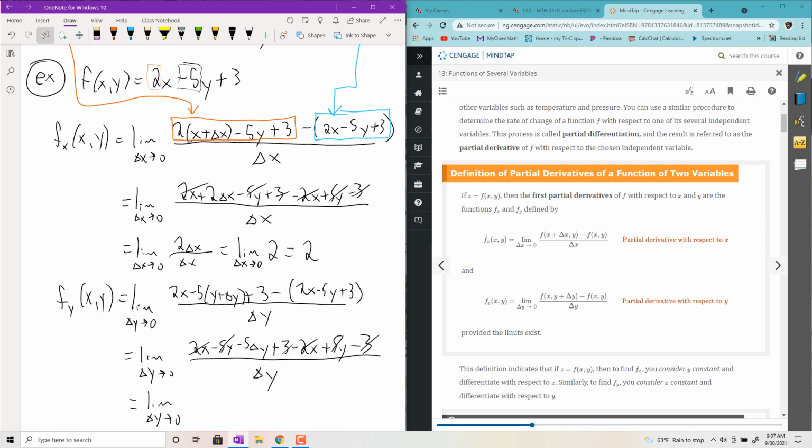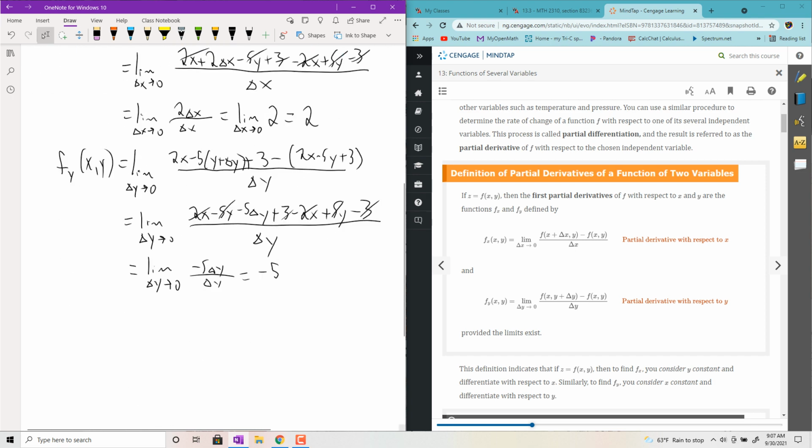As change in y goes to 0, negative 5 change in y over change in y is negative 5 at the end of the day. So it works like your old-fashioned derivative. You just pretend that one of the variables is a constant, and the derivative of the constant is just 0.